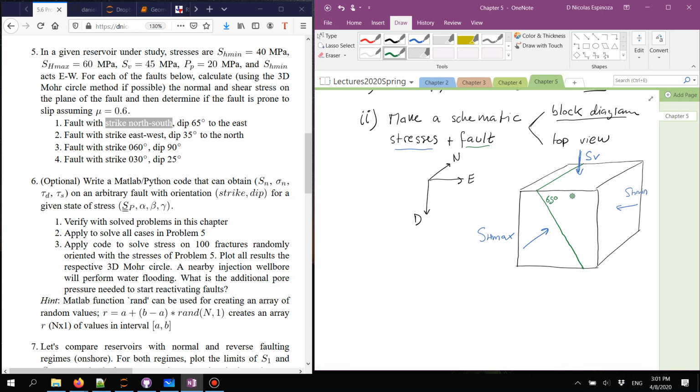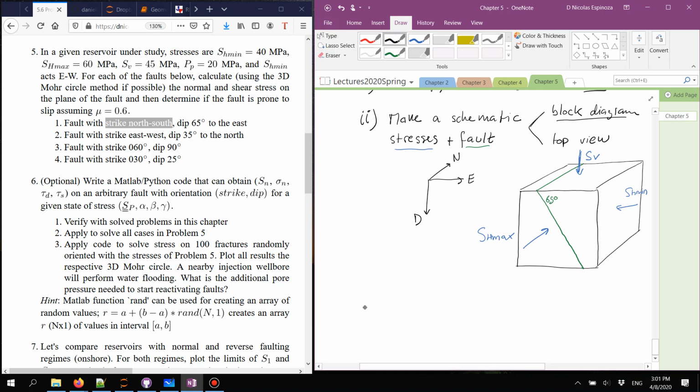Now, we have the stress cube, and also we have the fault. We have the angles that characterize that fault, strike and dip. The next thing to do is to identify the Mohr circle that is going to allow us to calculate the effective normal stress and shear stress on the plane of the fault.